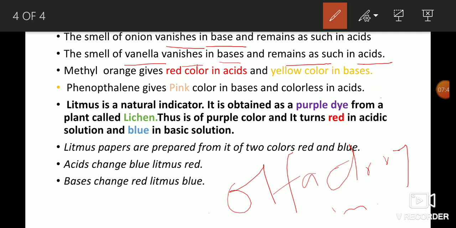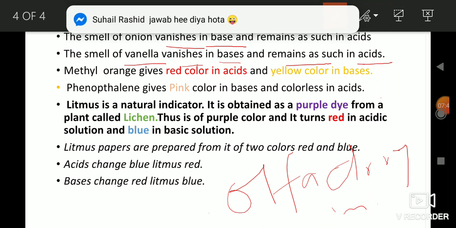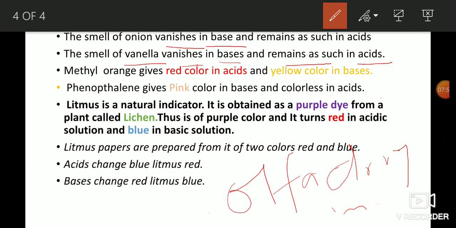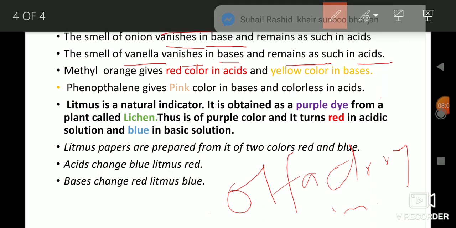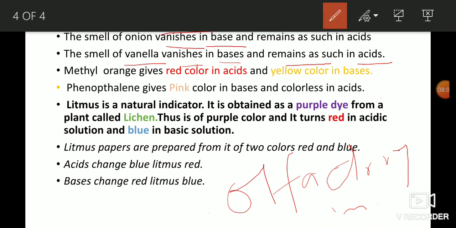So let's take the next example, that is methyl orange. Methyl orange gives red color in acids, yellow color in bases. Phenolphthalein gives pink color in bases and remains colorless in acids. Litmus is another example of a natural indicator, which is obtained as a purple dye from a plant, lichen.